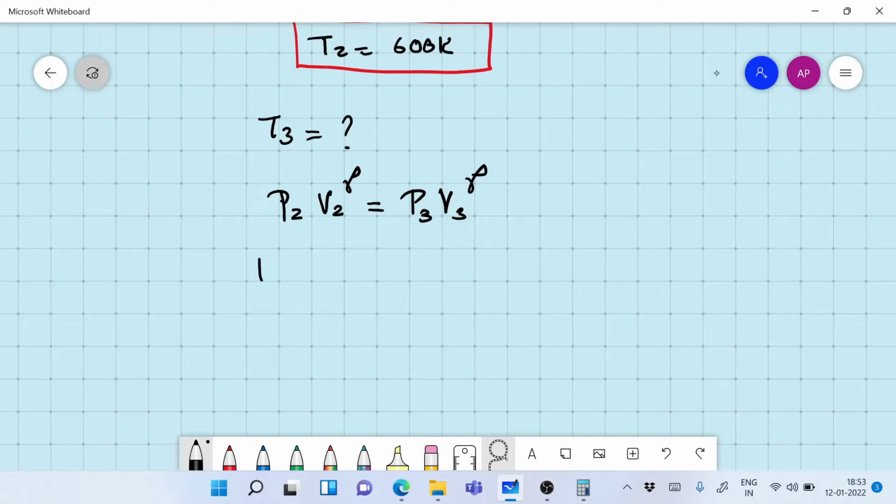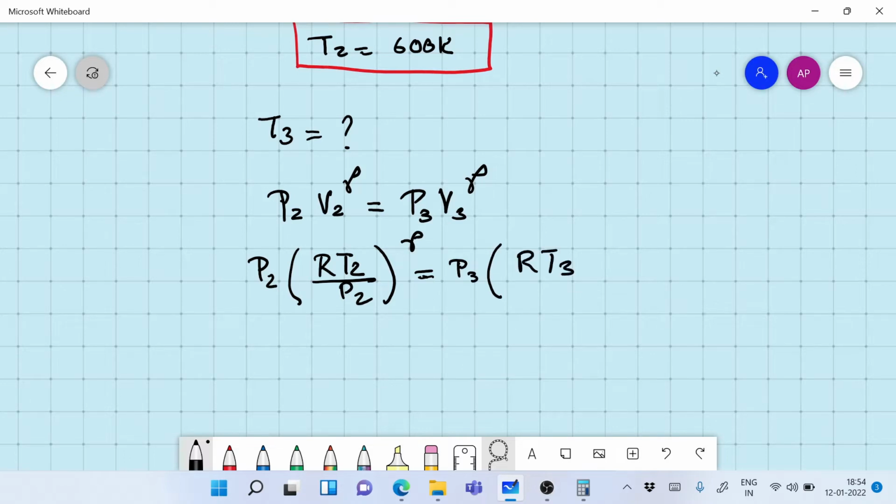Look at what I am doing. P2, replace V2 by the ideal gas law, that is R T2 by P2, the whole raised to gamma is equal to P3 R T3 upon P3, the whole raised to gamma. That's all. So we have R and R cancelling off.